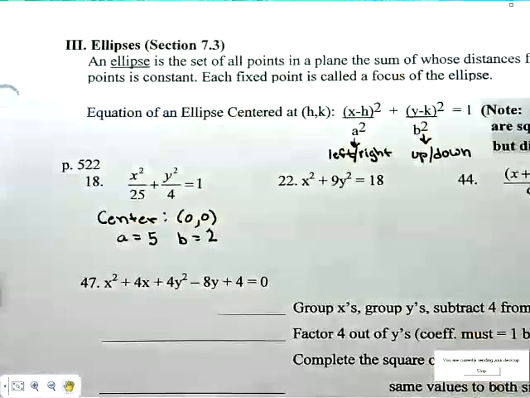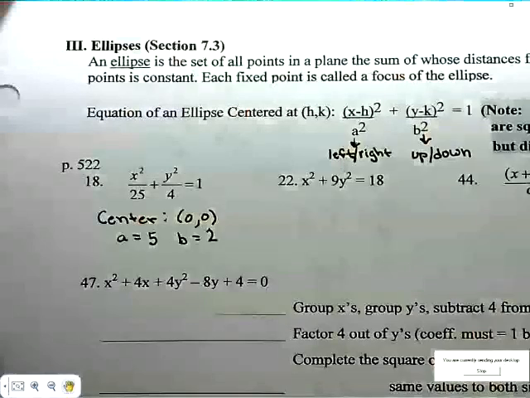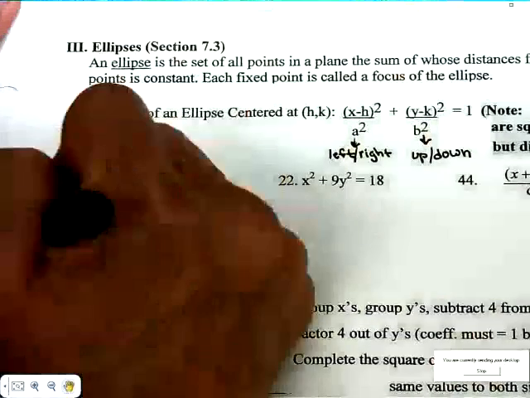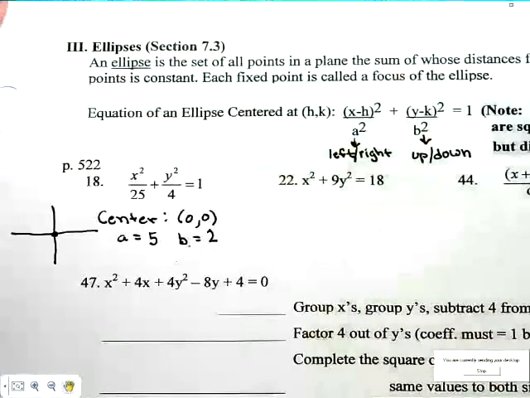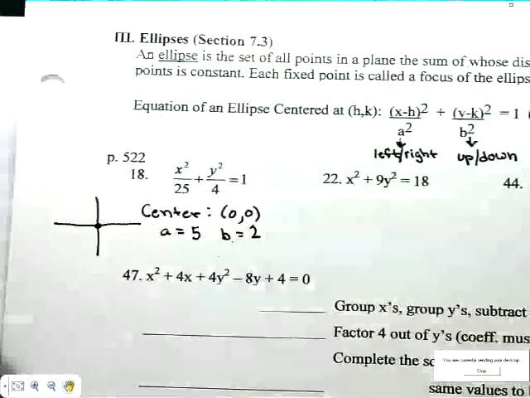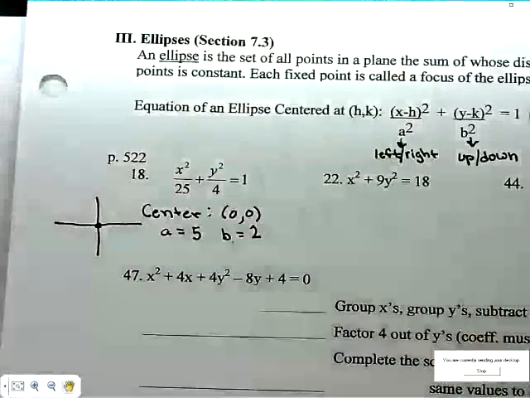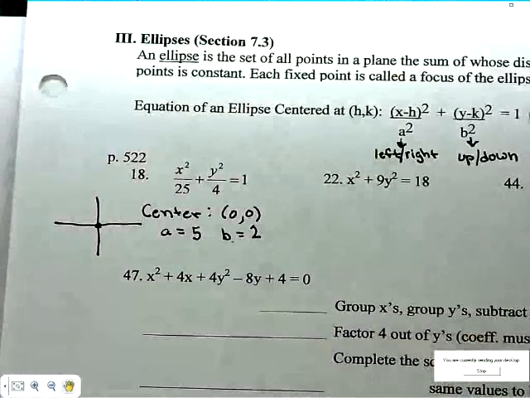So to graph that ellipse, just plot the center at 0, 0. Go to the left 5, to the right 5, up 2, down 2.